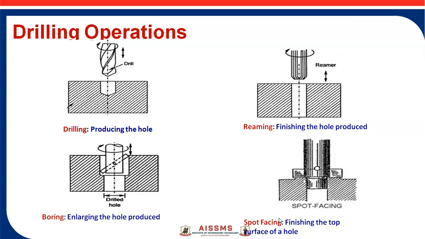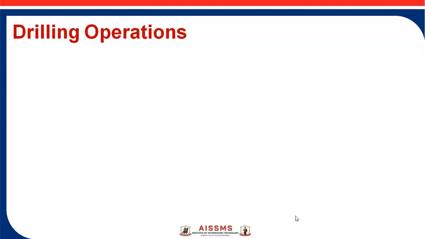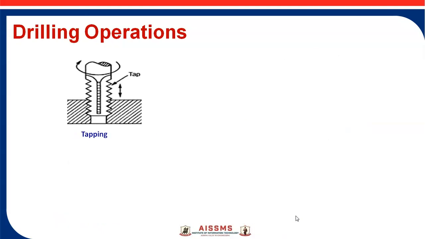Spot facing means enlarging an existing hole to a larger diameter and making the bottom surface of the larger diameter flat, with the depth of the enlarged hole sufficient to provide a seat for the washer. Spot facing is similar to counter boring, except that in spot facing the depth of the enlarged hole is very small.